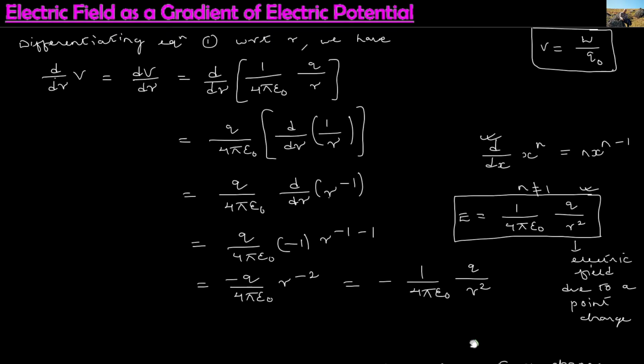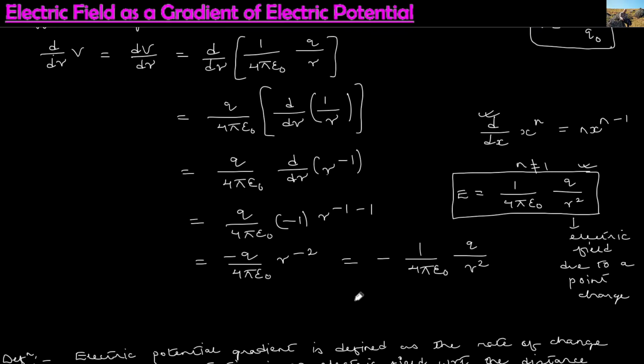So from here, we can rewrite this equation in this form. This term is nothing but the electric field, so we can write it as minus E, which means this is dV by dr. This is one way of writing.